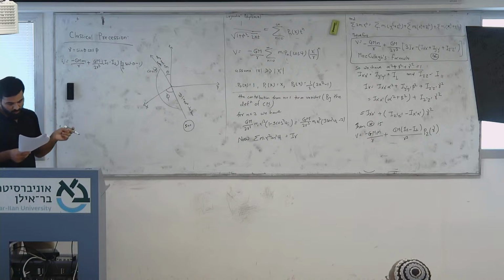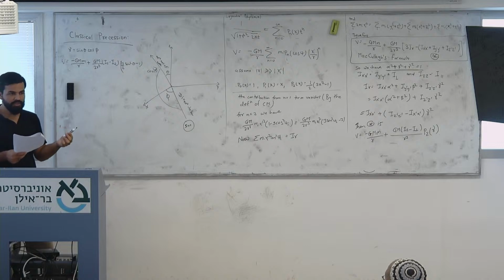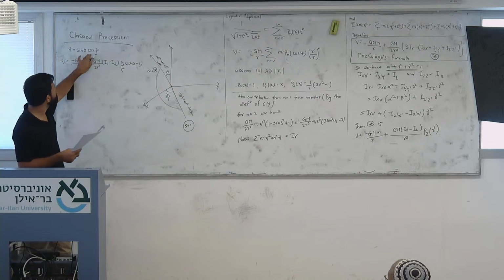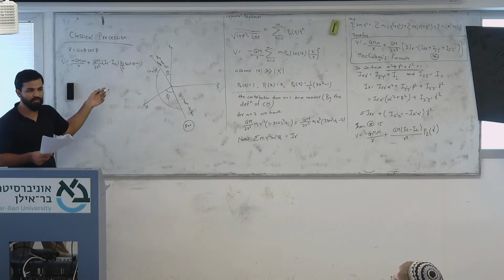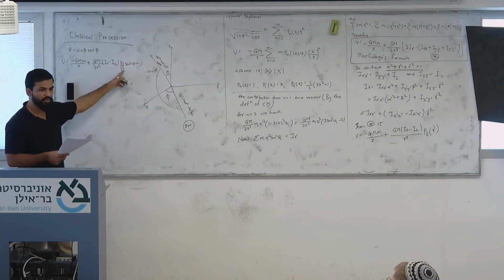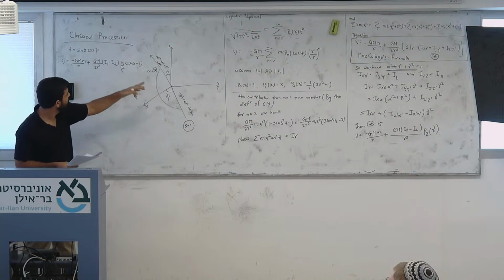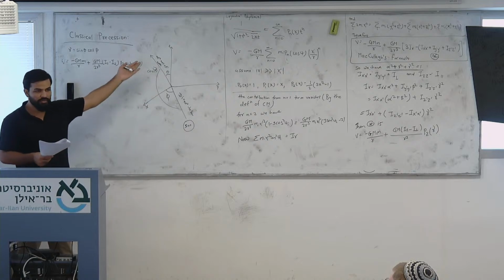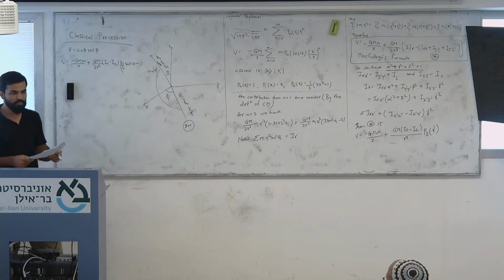Since the precession is slow and related to the orbital motion of the Earth, we average it over the complete period of rotation around Sun. You already know that the average of cosine square over one period comes out to be half. That 3 gamma square term was already there, so it's fine.